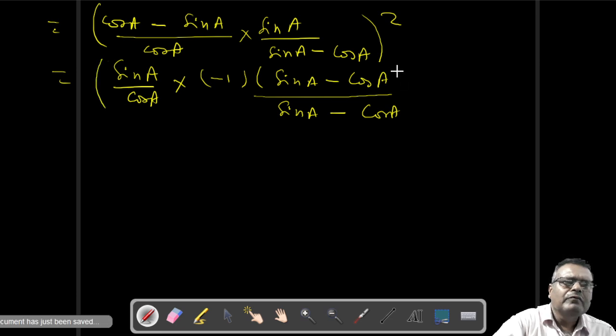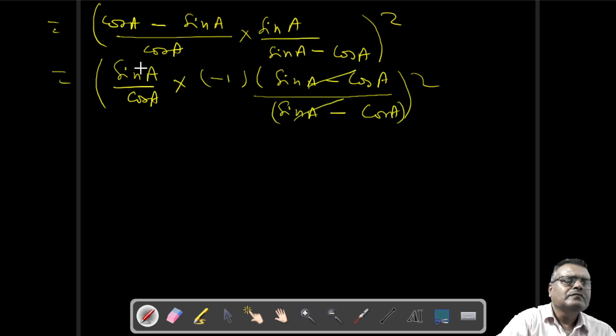So sin A minus cos A is cancelled here. So sin²A by cos²A, and minus 1 whole square is 1.